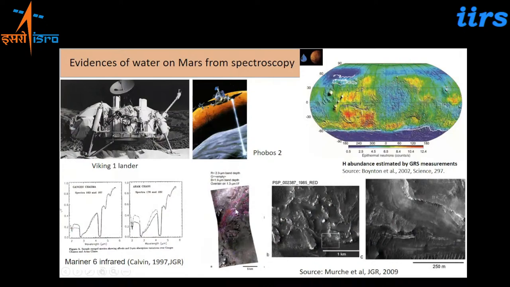The red and magenta color indicates the area where there is high absorption. There is content of these smectite and carbonates. And this is the high resolution image taken from HiRISE indicating the mode of occurrence of these water containing or hydrated minerals that are seen to be present in the form of layered deposits.